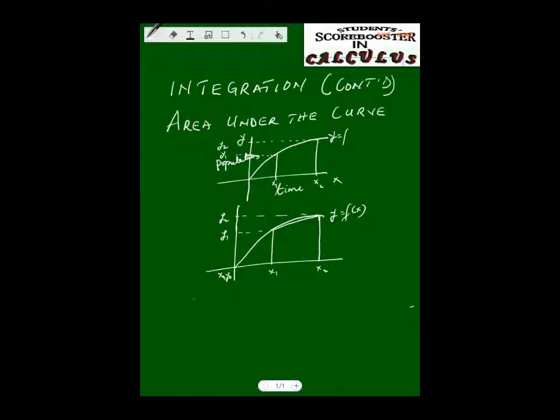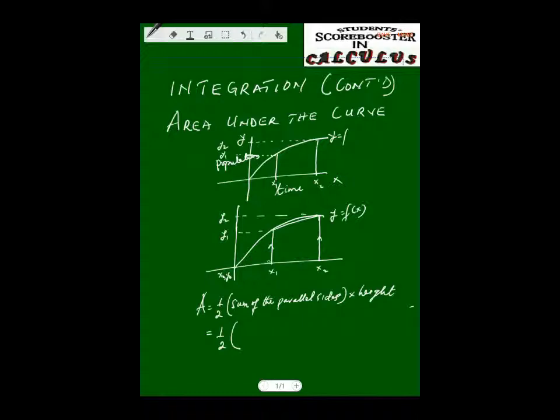And usually to find the area of a trapezium, we say area is equal to half the sum of the parallel sides times height. So half the sum of the parallel sides. These are the parallel sides.